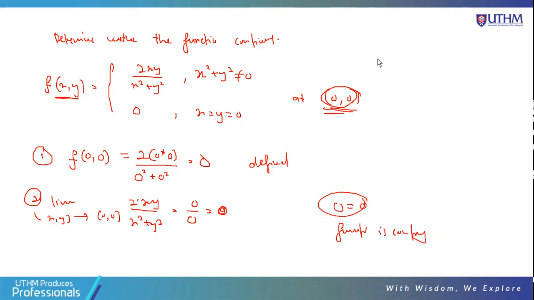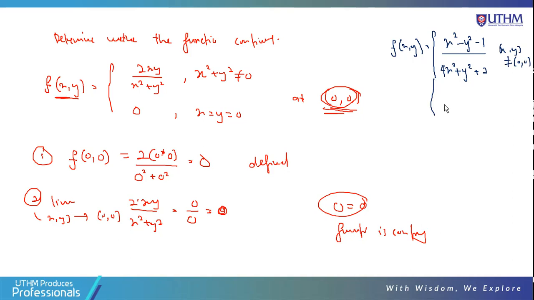Okay, the given, determine whether the function is continuous. f(x, y) equal to x square minus y square minus 1 over 4x square plus y square plus 2, for (x, y) not equal to (0, 0).